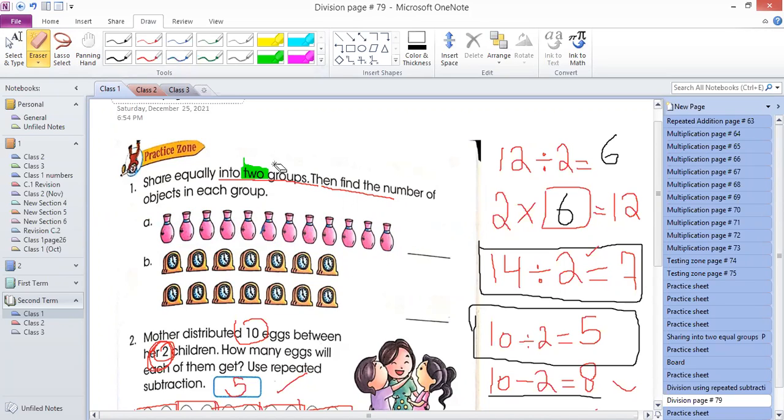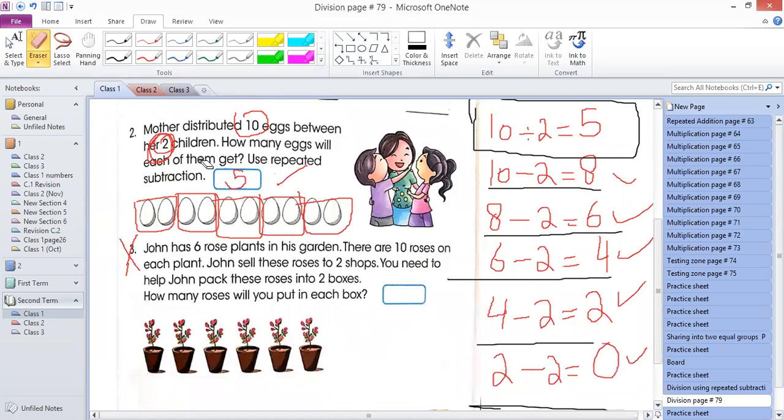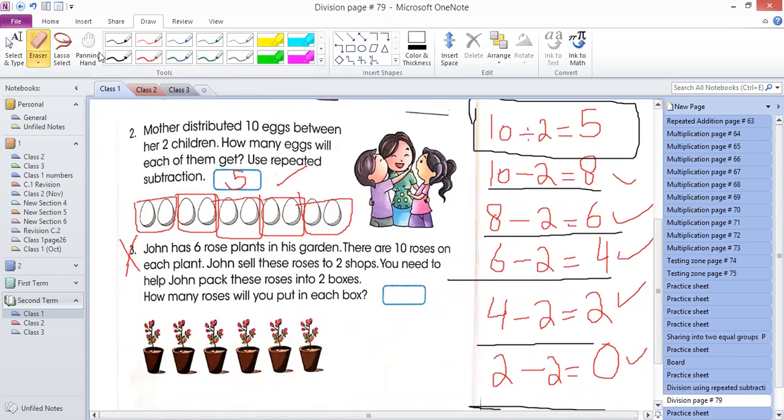Okay, if I talk about division by using the repeated subtraction method, what is the repeated subtraction method, guys? In the repeated subtraction method, you will check your divisor, how many equal groups you are going to distribute into. Like in question number 2, you are distributing 10 objects among 2 children, in 2 groups.